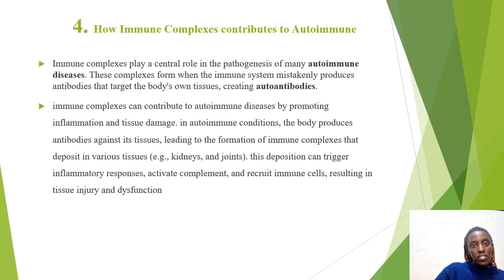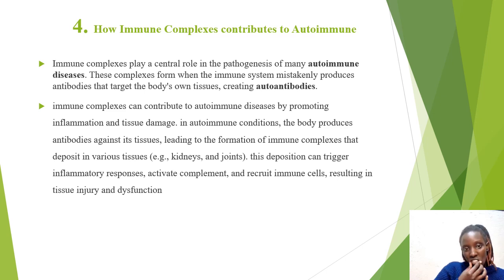The fourth thing is how immune complexes contribute to autoimmunity. Immune complexes play a central role in the pathogenesis of many autoimmune diseases. These complexes form when the immune system mistakenly produces antibodies that target the body's own tissues, creating autoantibodies.